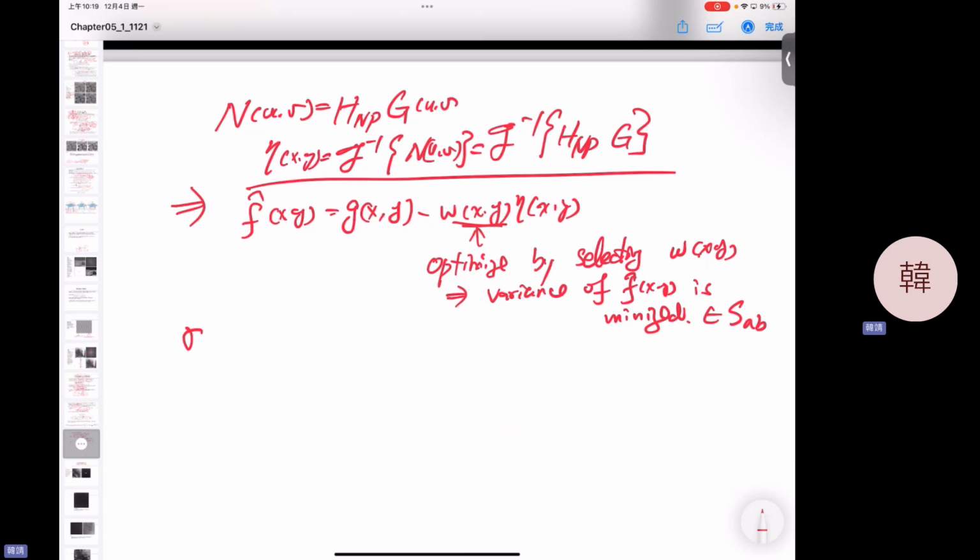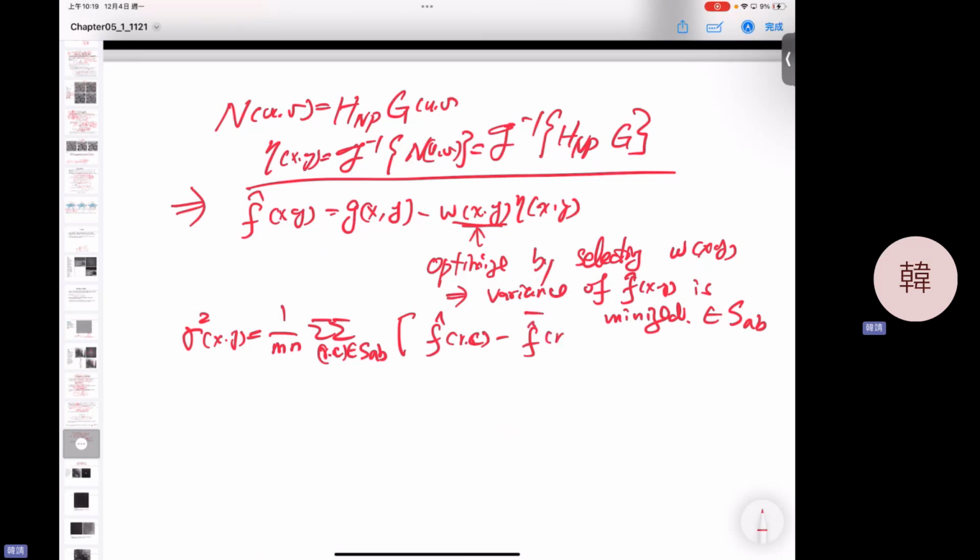So you can write this again because it's the smallest. The minimized variance is what we calculate here. The variance definition is: for every point in this sub-image, you define the size of the image, and then you take your estimate image minus the average.